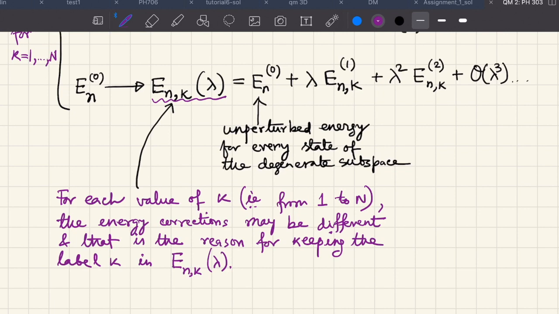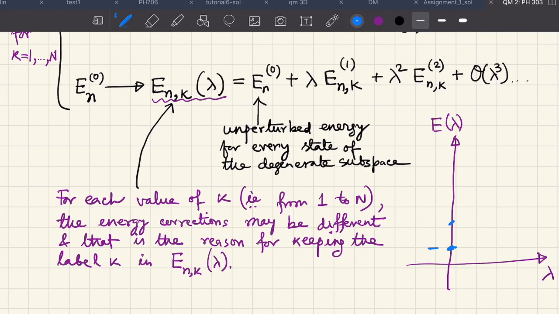Again, if you go back to our discussion that we had earlier, suppose I have this lambda along the x-axis and I am plotting this E(lambda) along the y-axis. And suppose now I have different states. Say I have here one state which has no degeneracy.